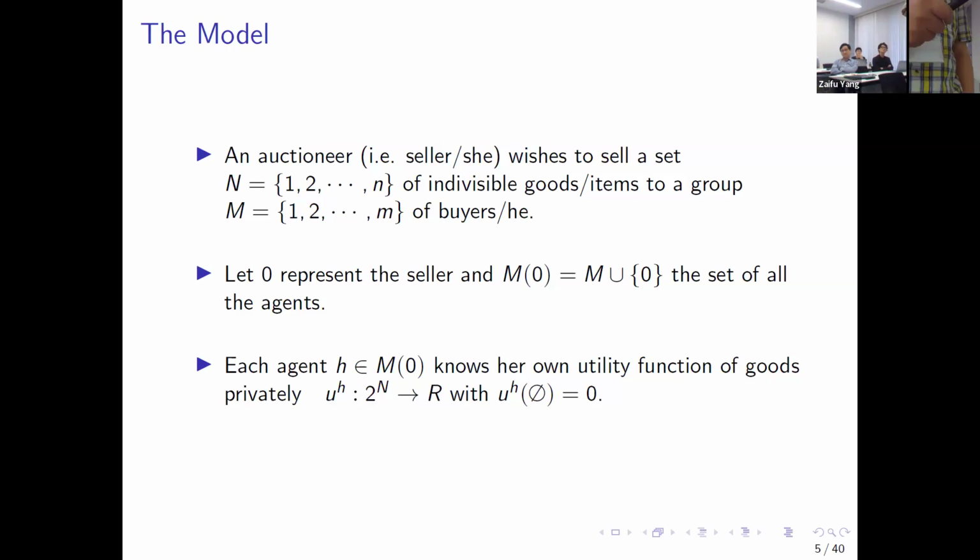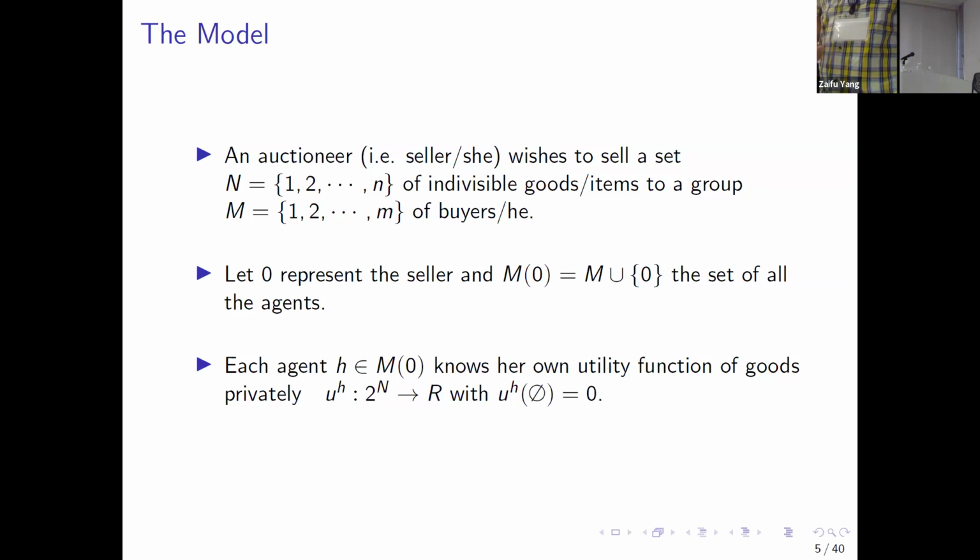So we have n indivisible goods, and we have n potential buyers. Okay, we use 0 to represent the seller, and then each agent has a utility function of goods.